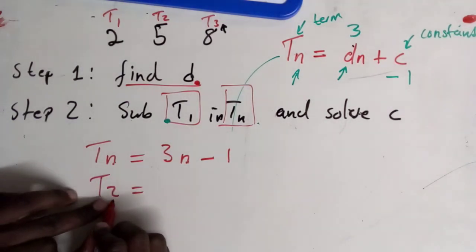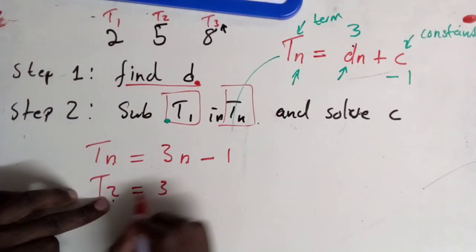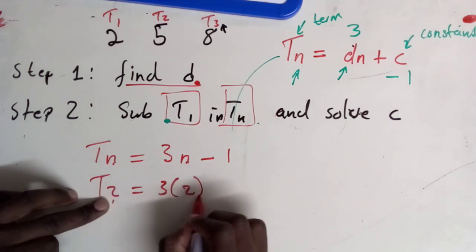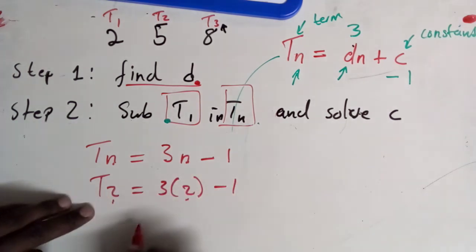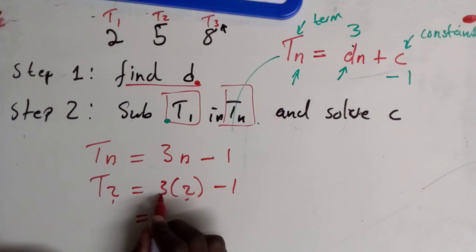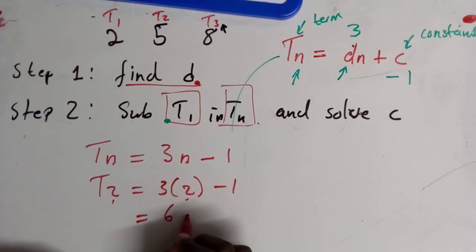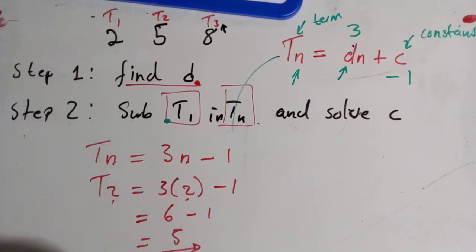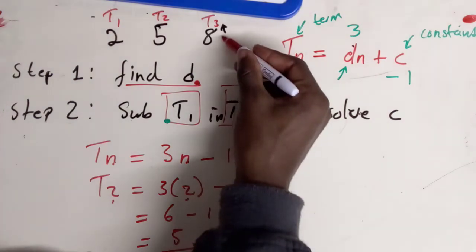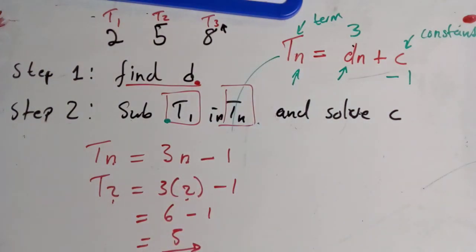T2 is the same as 3 times 2 is 6, minus 1, and that's 5. It's working. You can go ahead and test it with 3, and you should get 8. If you don't get 8, you should try again until you get 8.